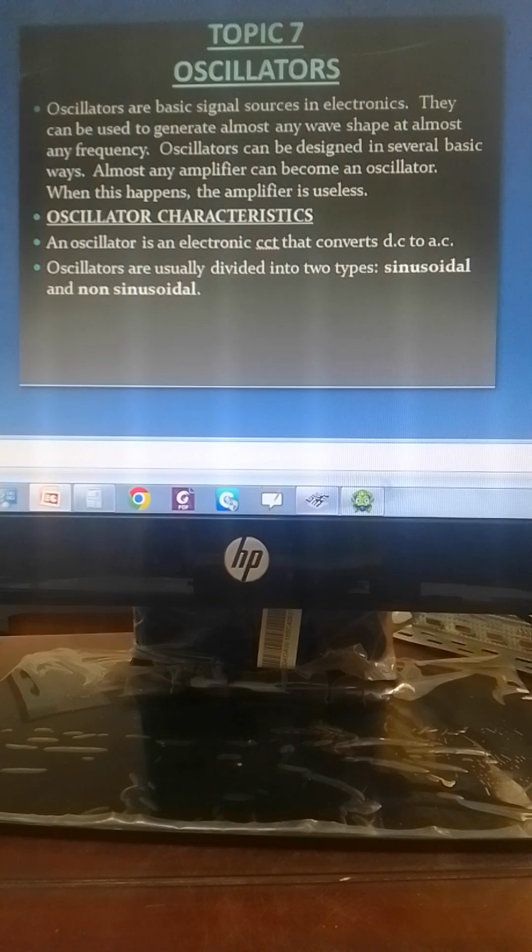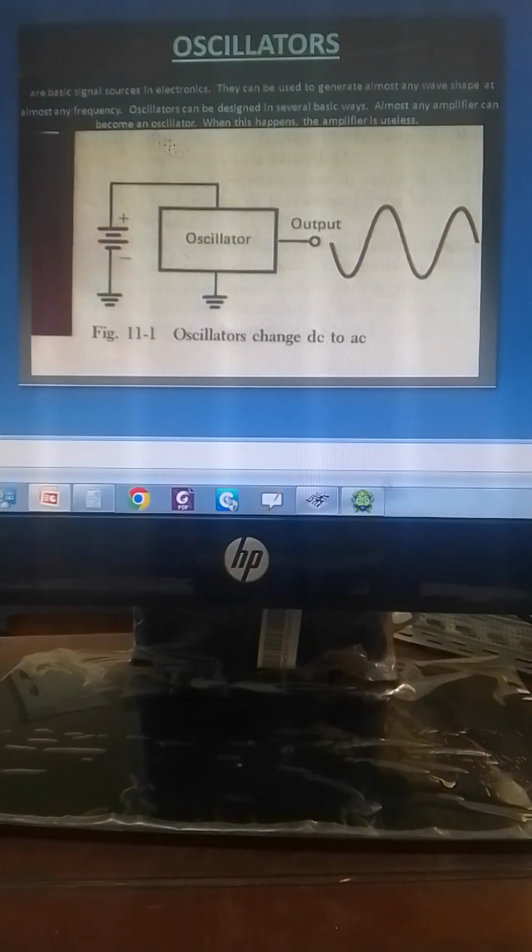These oscillators have several characteristics. As you can see here, this is the voltage source. The input goes to the oscillator, and this is a grounding.